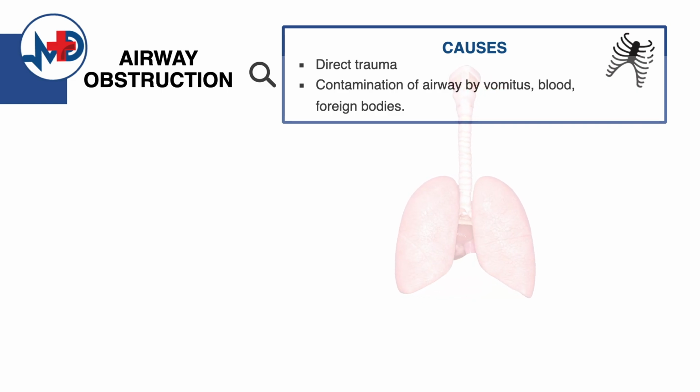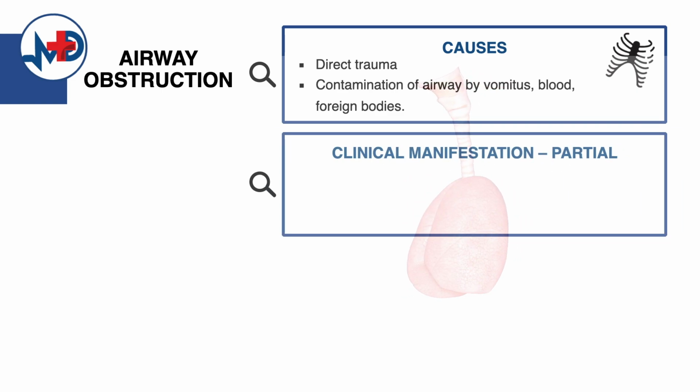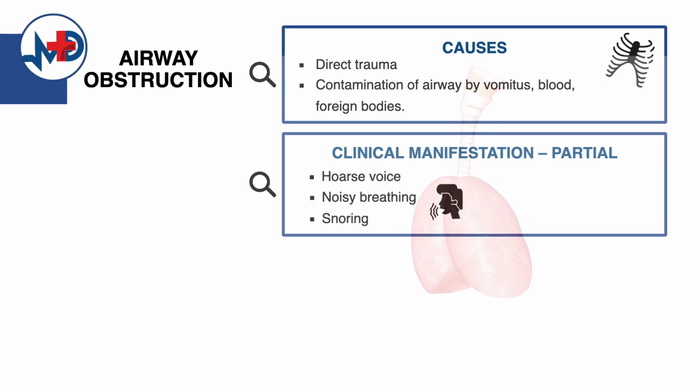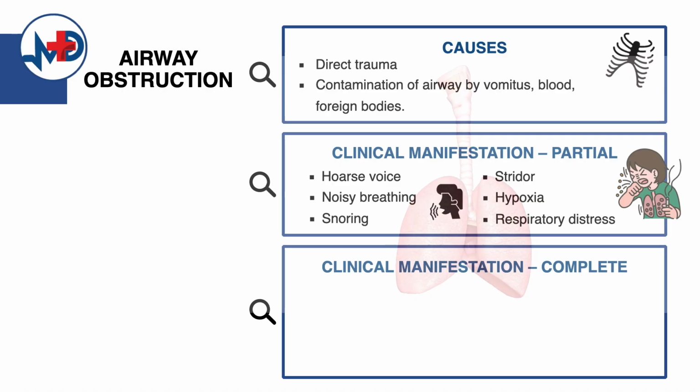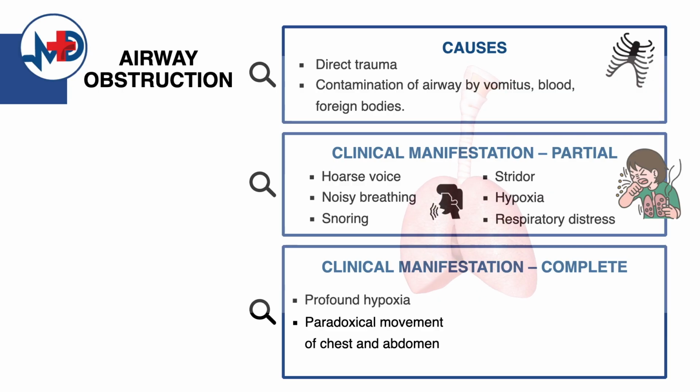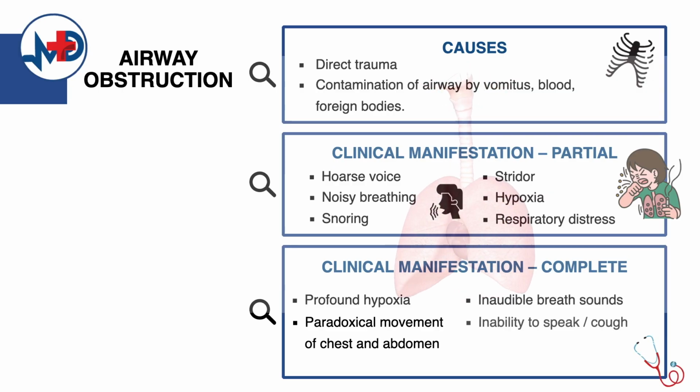Some clinical features of partial airway obstruction are hoarse voice, noisy breathing, snoring, stridor, hypoxia or hypercarbia, gurgling from secretion, and signs of respiratory distress. In complete airway obstruction, the patient will have profound hypoxia, paradoxical movement of the chest and abdomen, inaudible breath sounds, and inability to speak or cough.